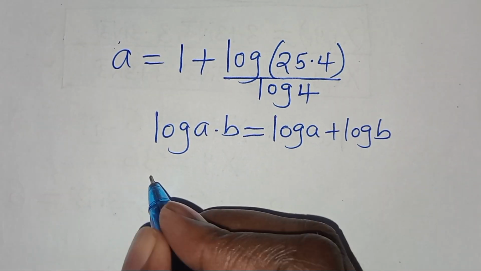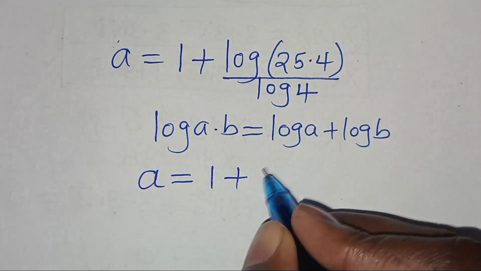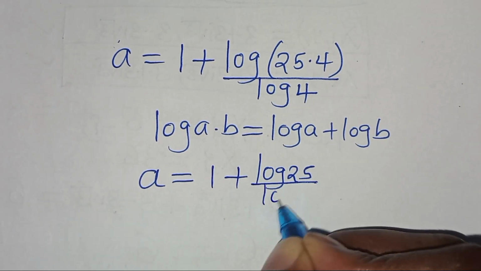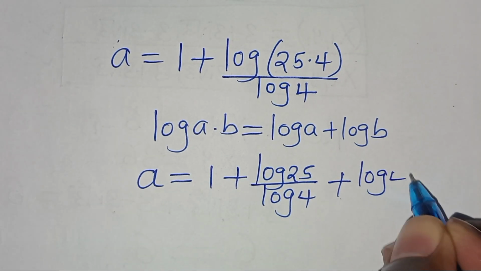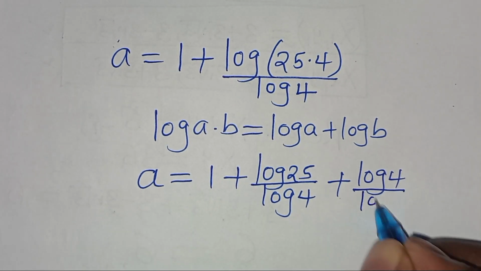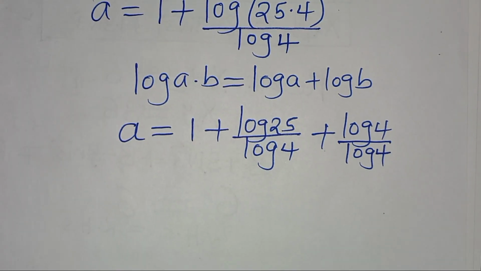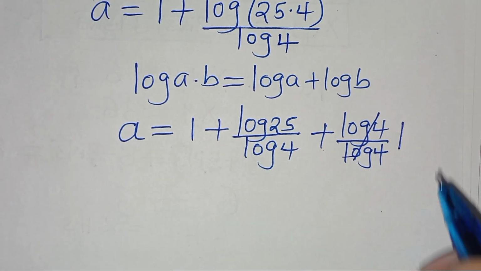Applying this property, here we have a is equal to 1 plus log 25 divided by log 4, plus log 4 divided by log 4. So let's simplify here. Log 4 and log 4 simplifies. So this is 1.